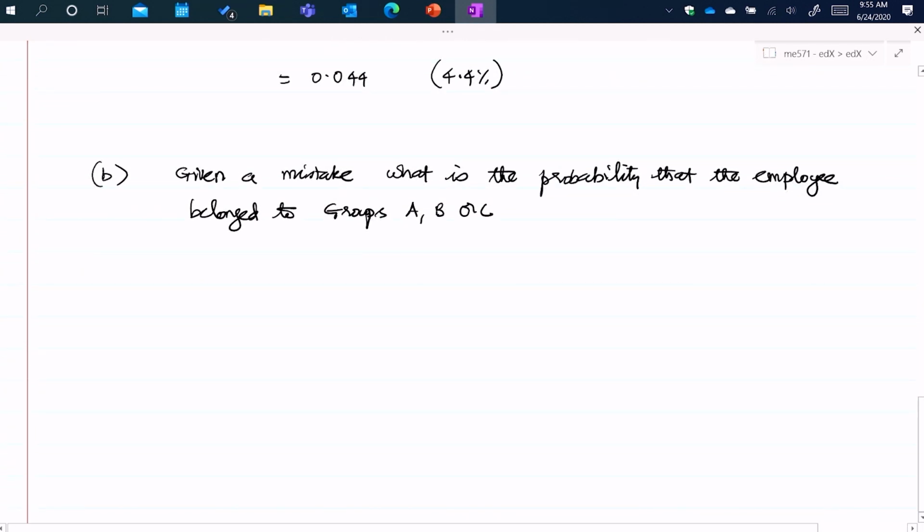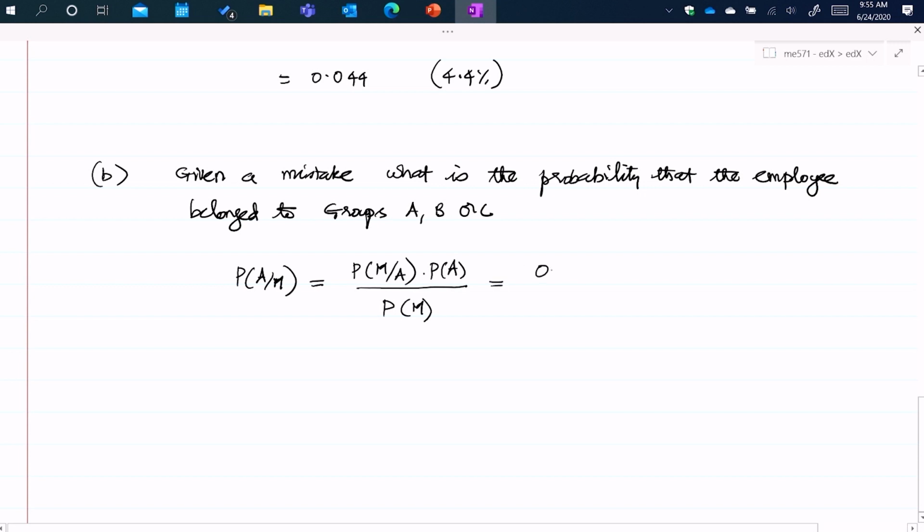So given a mistake, what's the probability that the employee belongs to groups A, B, or C? What we seek here is probability of A given M, B given M, and C given M. Let's do one at a time. Probability of A given M is probability of M given A, using the statement of Bayes theorem, divided by probability of M, which we've already calculated.